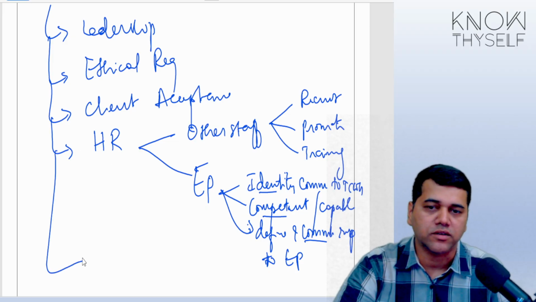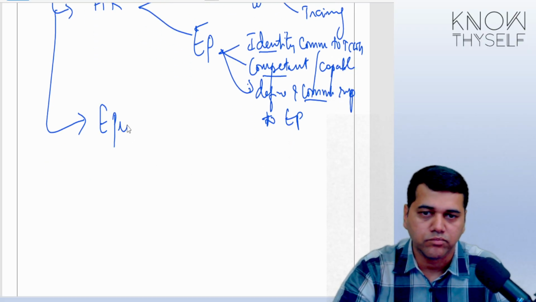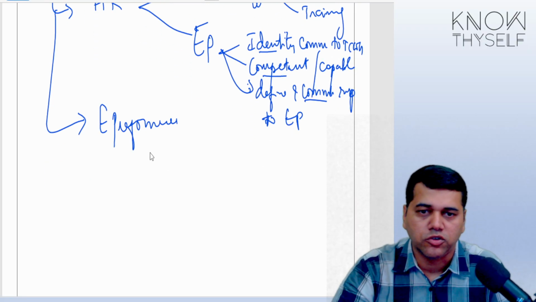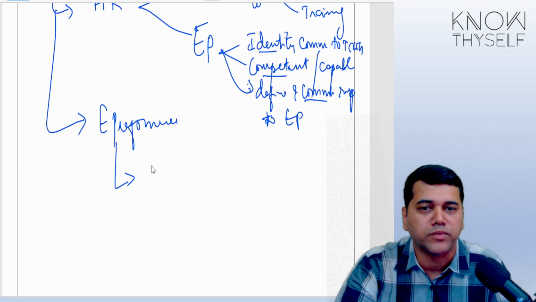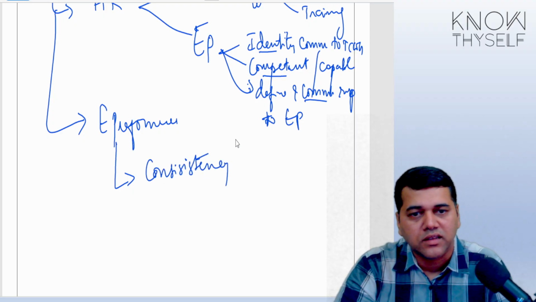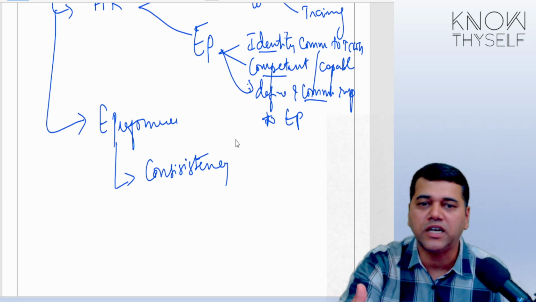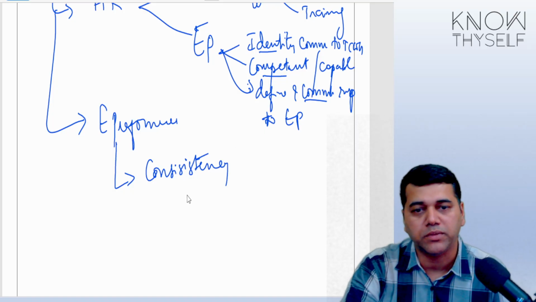The next element, your fifth element, is your engagement performance. First, what do you mean by engagement performance? Consistency. Consistently you need to perform and bring the quality, because then only we can call it quality. How will you be able to perform consistently?